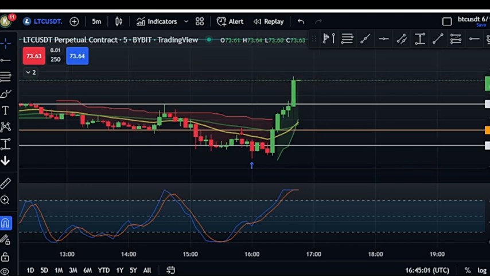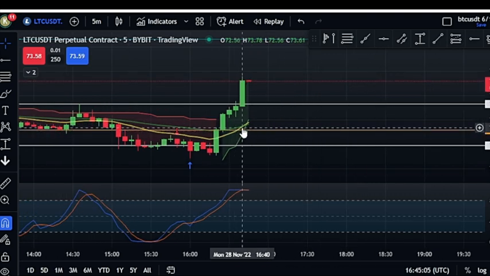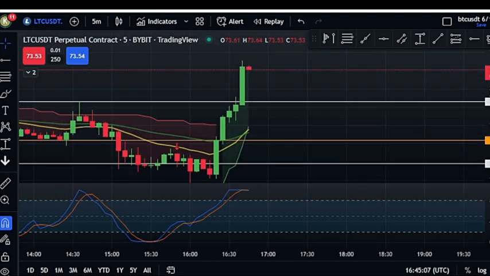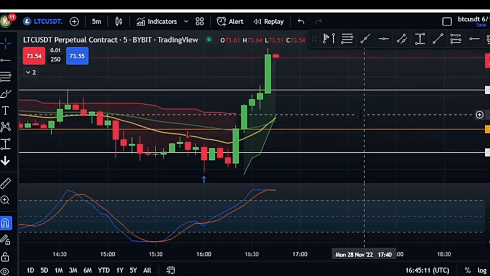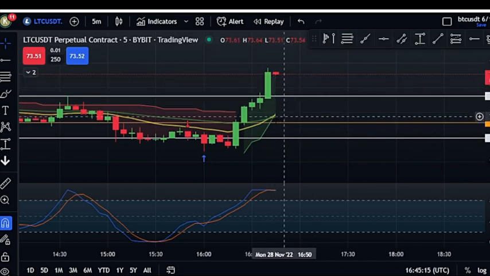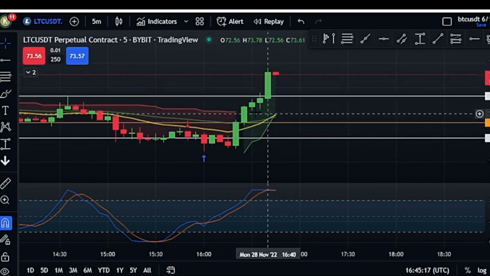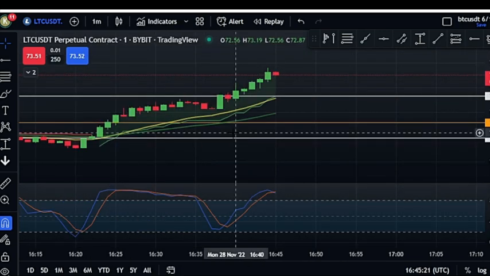All right, so after this candle on the 5 minute, the EMAs, so the yellow line has crossed on top of the green line, which is now indicating higher, and we can start looking for longs. Although for now we are overextended and we want to wait for the price to retrace lower so we can make a better judgment. We can go back to the 1 minute and see what's going on.